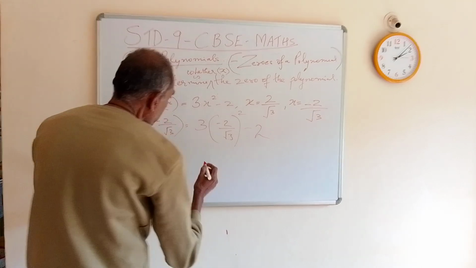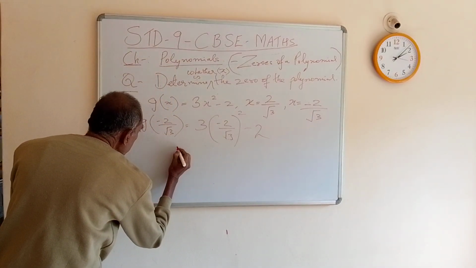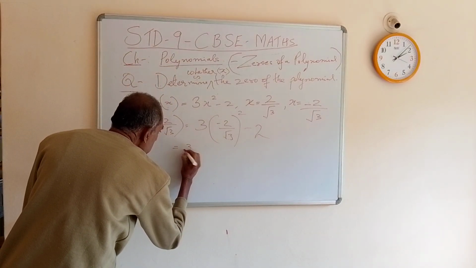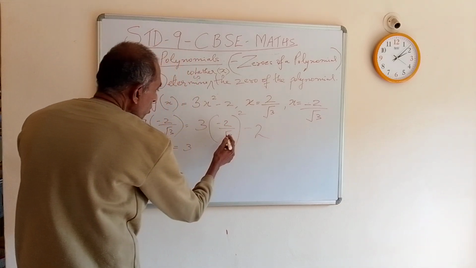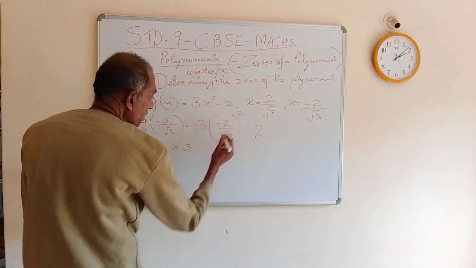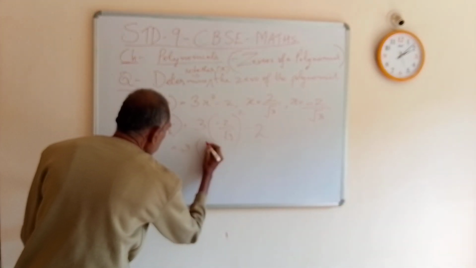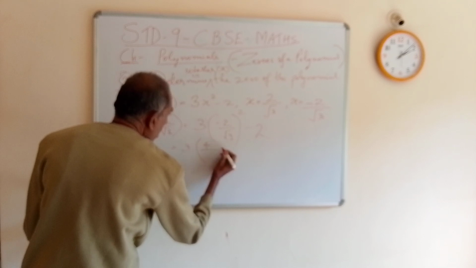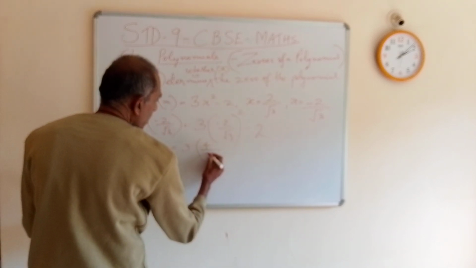So again that is equal to 3 into minus 2 whole square, so minus into minus will again become plus, so plus 4 upon root 3 into root 3, which is 3.